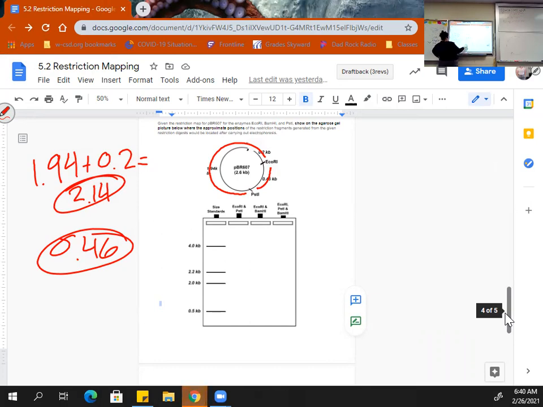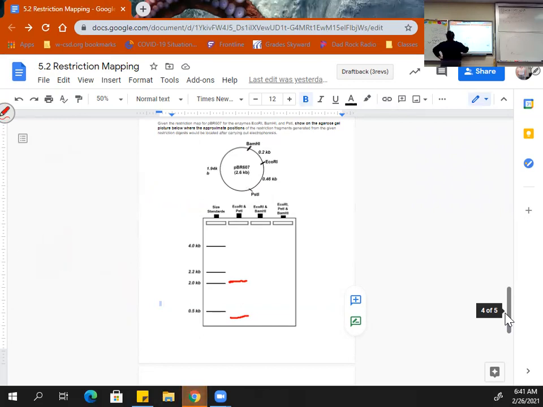We go based off of our ladder, and mine might be slightly off because my board isn't quite calibrated. The 2.14 is going to be just slightly above our 2.0, and 0.46 is going to be just slightly below our 0.5. So then we have our EcoRI and our PstI.